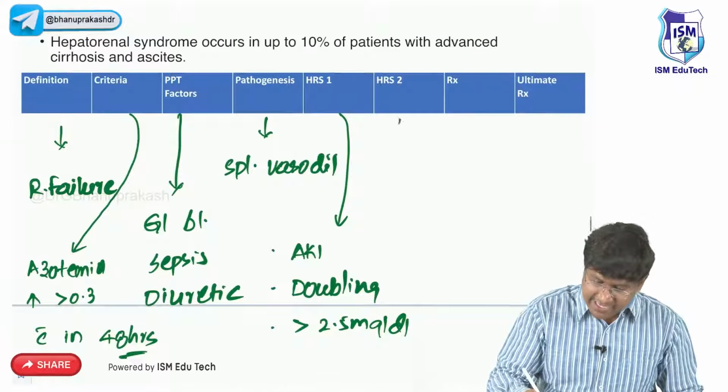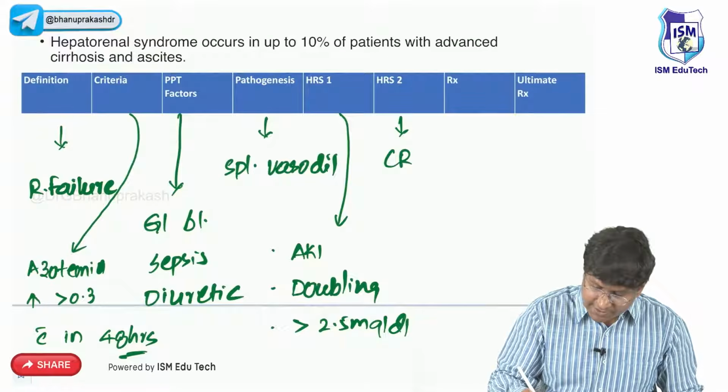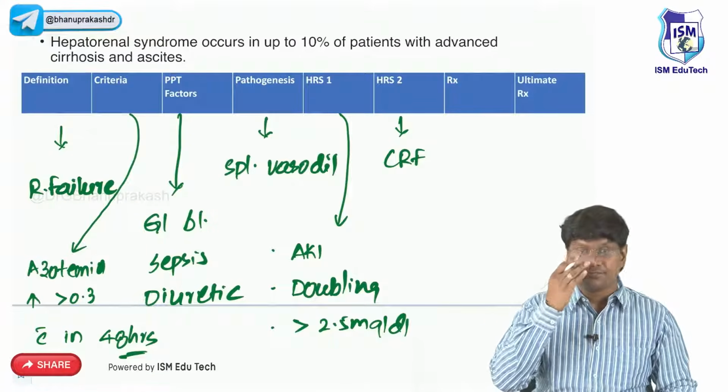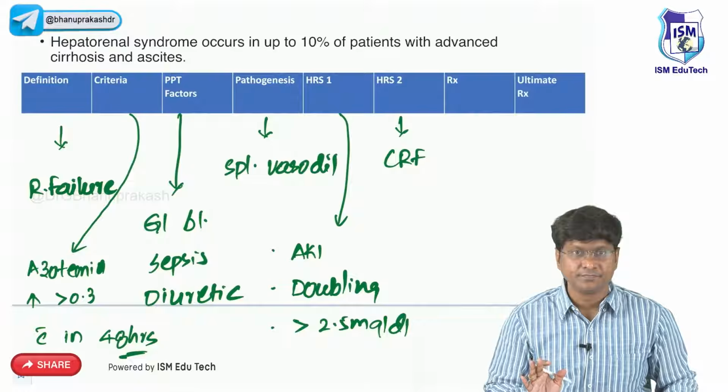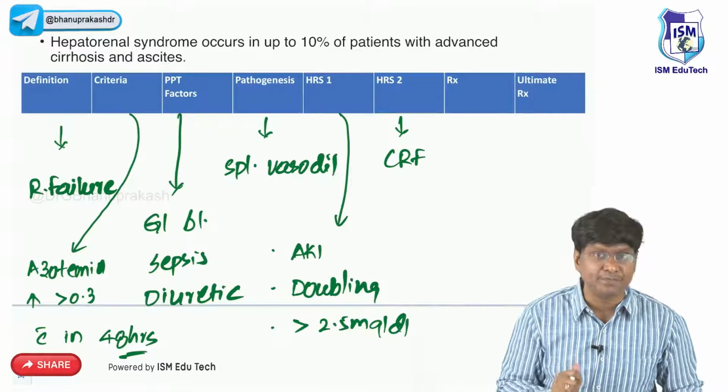Whereas hepatorenal syndrome type 2 will be chronic kidney injury, chronic renal failure.